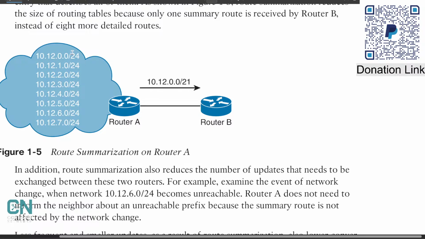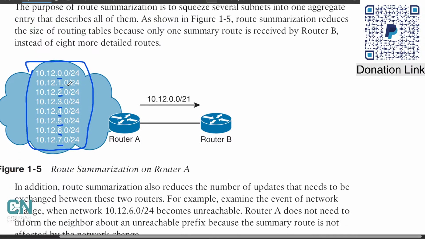Let's find out what that means. For example, we have these networks 0, 1, 2, 3, 4, up to 7. Here we have, I think, more than 9 routes, so we can summarize it to this.